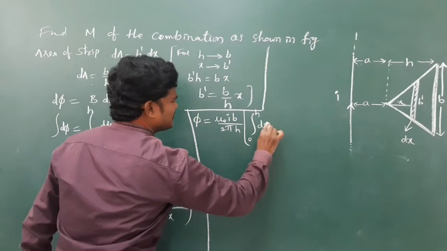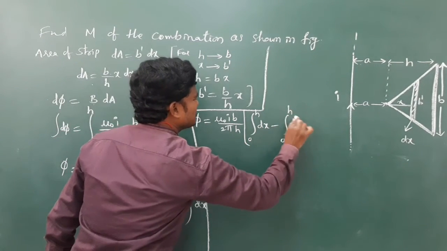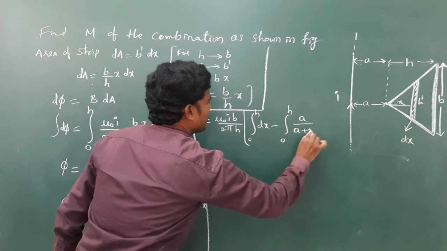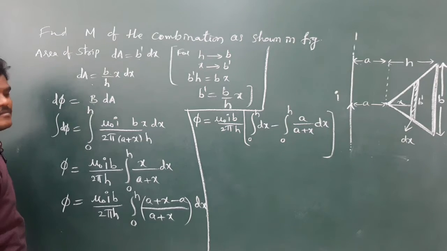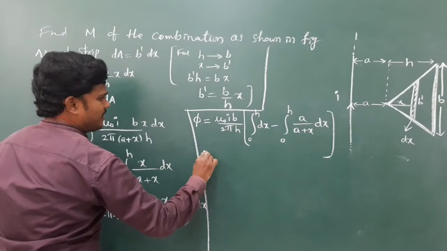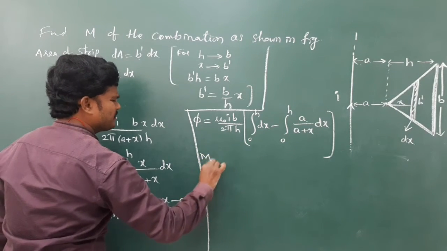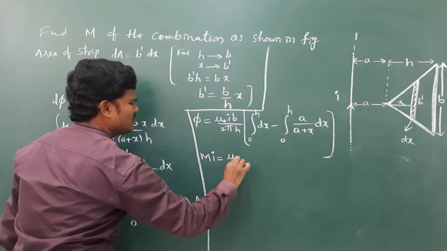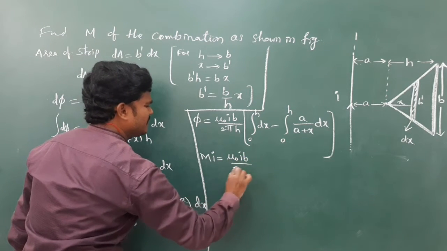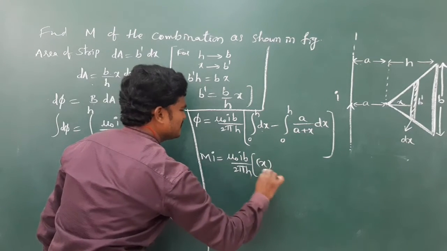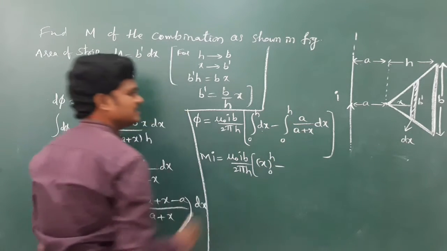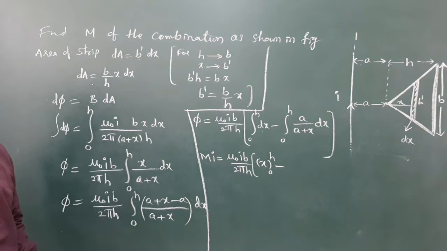So 1 into dx minus the integral from 0 to h of a by a plus x dx. Here phi is nothing but M. Mu naught I b by 2 pi h, the integral of dx is x from 0 to h, minus a by a plus x.